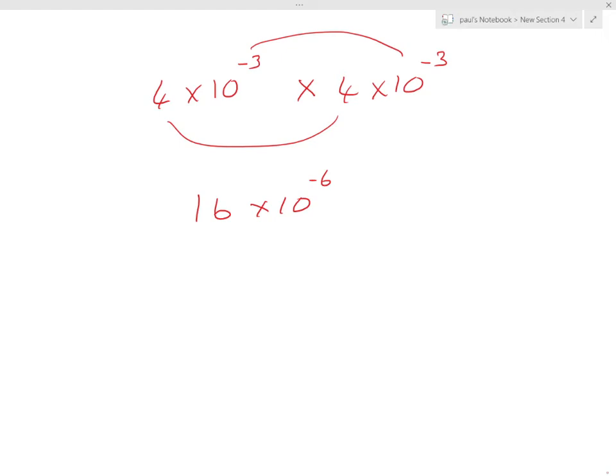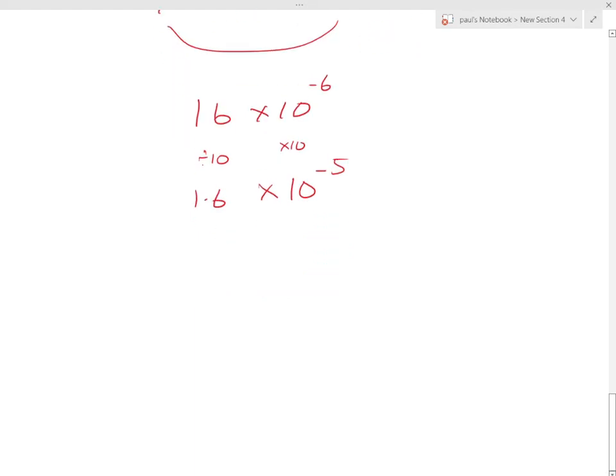Now, this is too big, so we divide that by 10 to get 1.6, and so we need to multiply that by 10. Be careful with the minus numbers, because 10 times bigger than minus 6 is minus 5. So it's 1.6 times 10 to the minus 5.